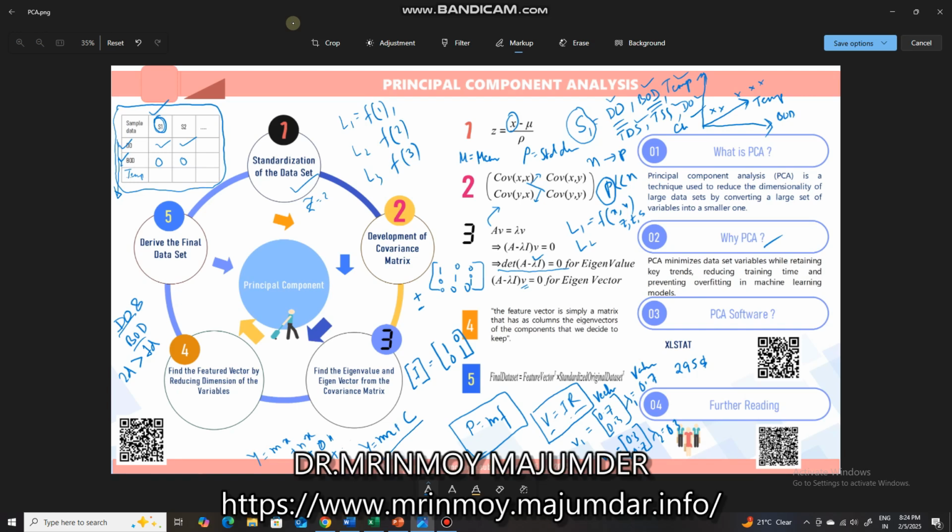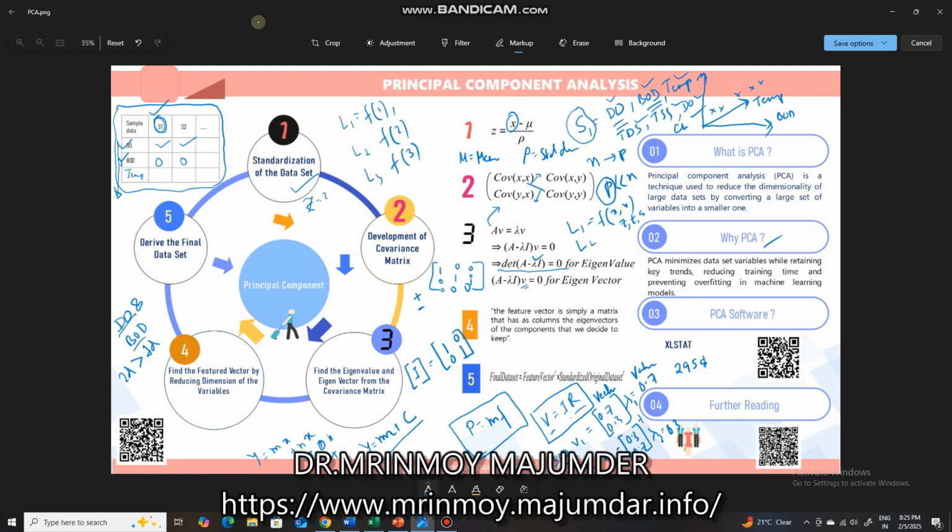Now this value will be used to find the most significant dimension of this problem. In this case, if V1 is the BOD vector and V2 is the DO vector, you can see the lambda is indicating that BOD is more important compared to DO. Also, if you want to see how much information is in lambda 1 and lambda 2, just sum lambda 1 plus lambda 2 and divide each lambda by this sum.